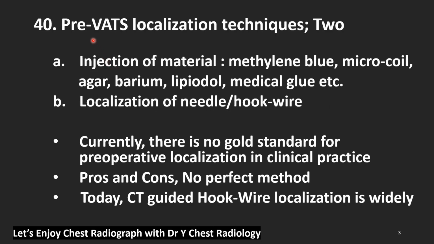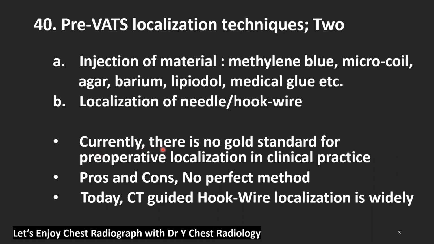Let's go back to our topic. Pre-VATS localization techniques. There are mainly two methods. VATS, video-assisted thoracoscopic surgery. One is injection of material such as methylene blue, microcoil, agar, barium, Lipiodol, medical glue, etc. And the second form is localization of needle or hook wire.